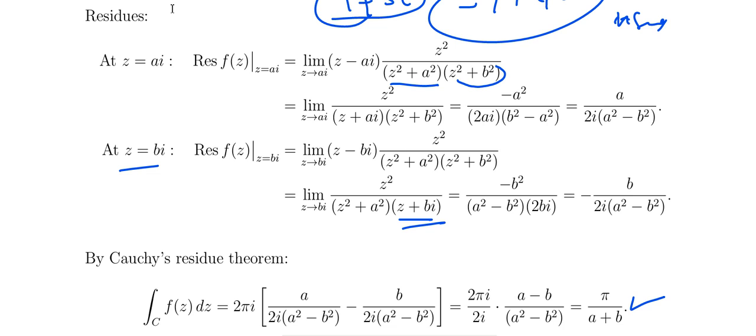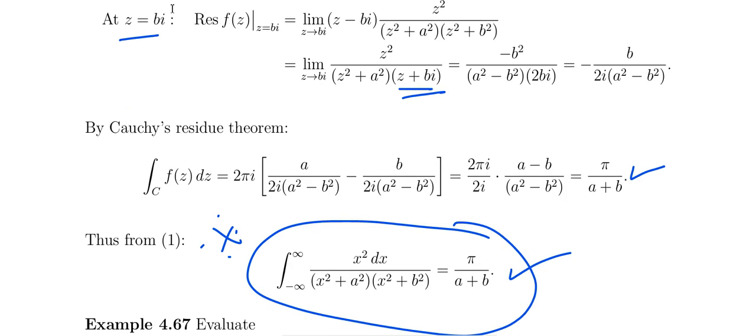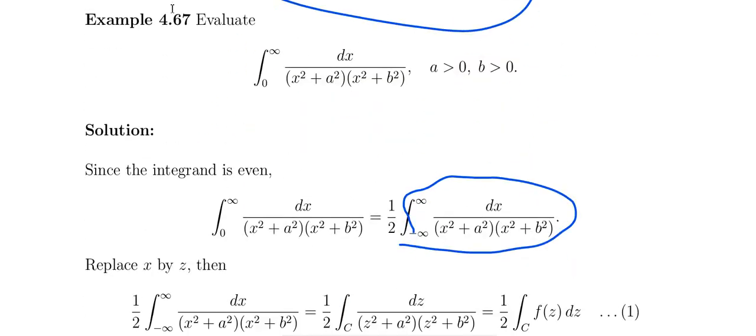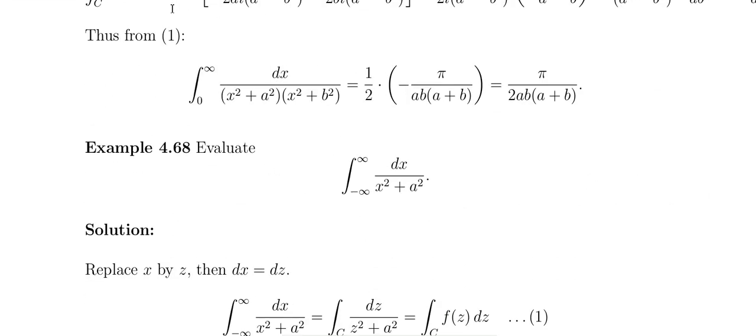Correct. It is minus b by something. So you get 2 pi i by 2i, so a by a square minus b square minus b by, so this is a minus b, so pi by a plus b is correct. Okay, correct. So pi by 2ab into a plus b.